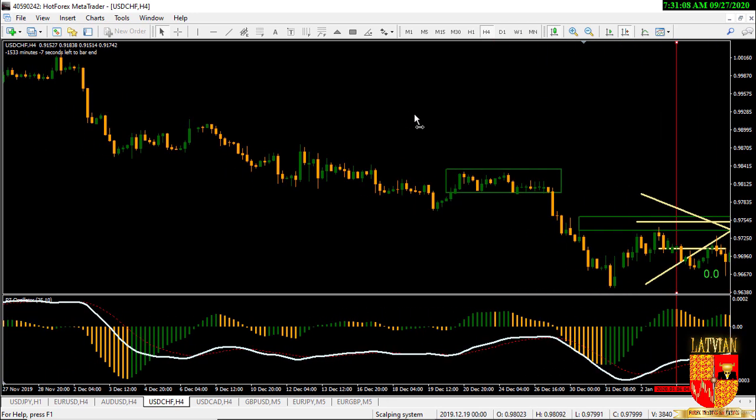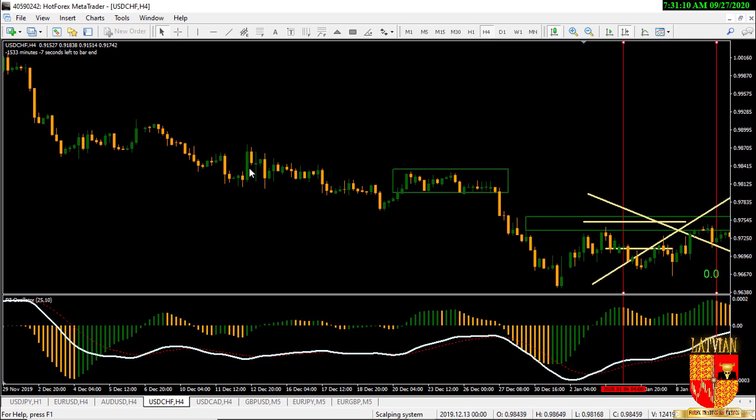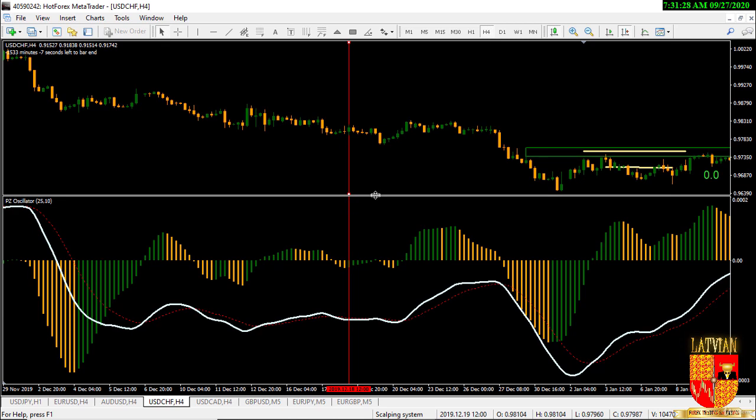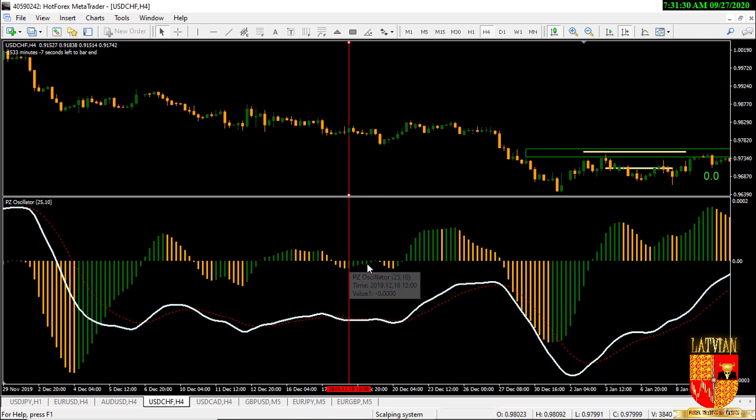Then let's take a look at this one. This is another example. If we take a look there, we do have an impulse move right here to the downside, okay. If we take a look at our MACD closely, you can see that we do have an impulse move to the downside right there, okay, meaning that the previous area was a high, okay.